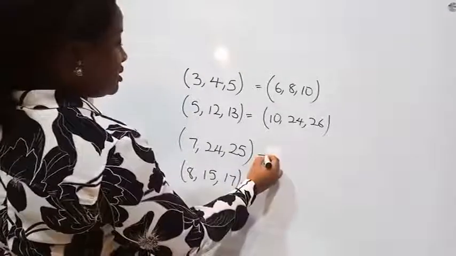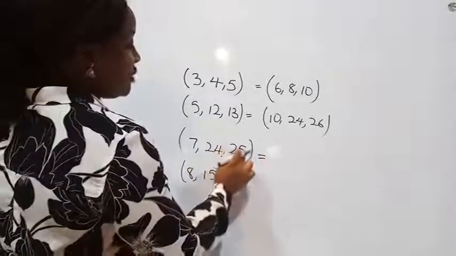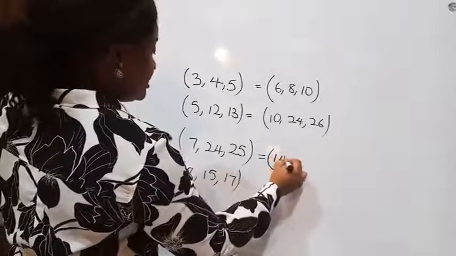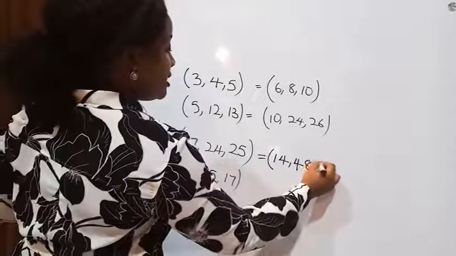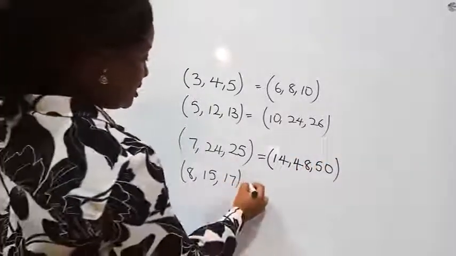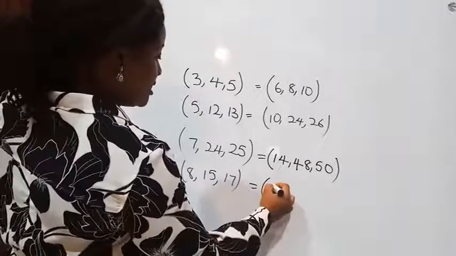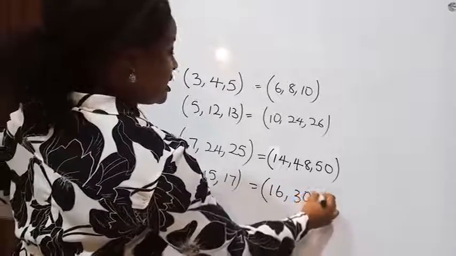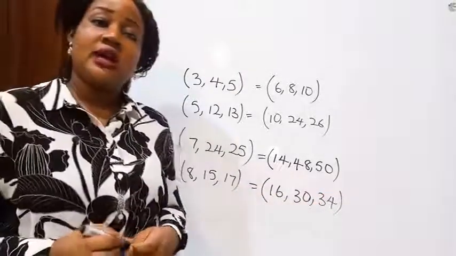The multiple of 7, 24, 25, let's say this one, 14, 48, 50 is also a Pythagoras triple. Okay, 8, 15, 17, you have, let's say 16, 30, 34 is also a Pythagoras triple.